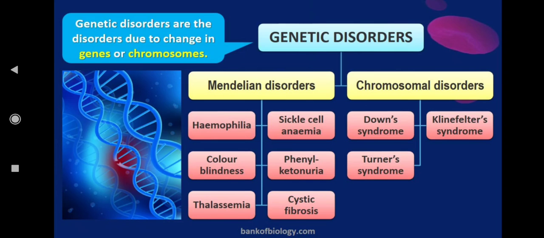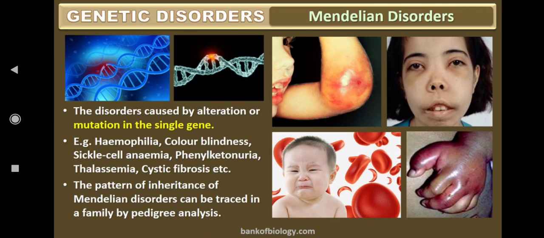In these disorders, only one or two genes undergo changes. Chromosomal disorders: three types of chromosomal disorders are given here: Down syndrome, Klinefelter syndrome, Turner syndrome. These are the three disorders belonging to chromosomal disorder. One by one, let us discuss them in this chapter.